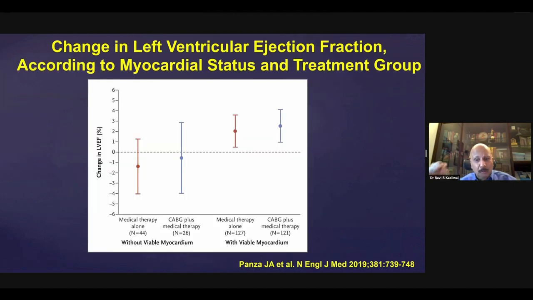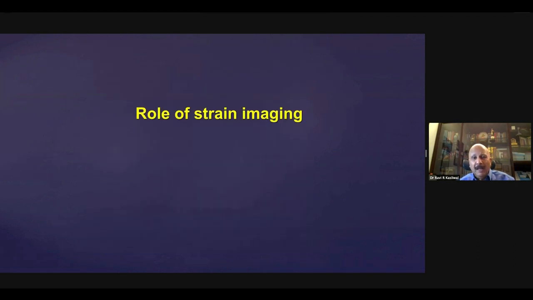Even though the STICH data in 2019 does not say much about viability, one of the slides definitely shows that those people who had viability and CABG showed a better outcome. Whether increase in ejection fraction translates into a better life, nobody knows, but there is data that if you look for viability, it can always help you in clinical decision making.